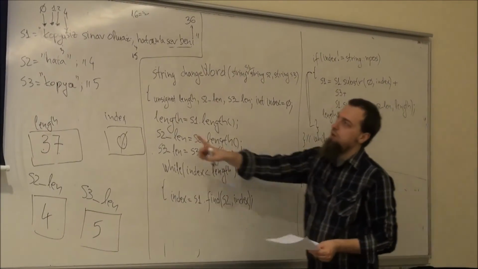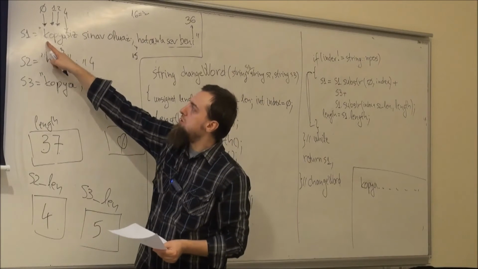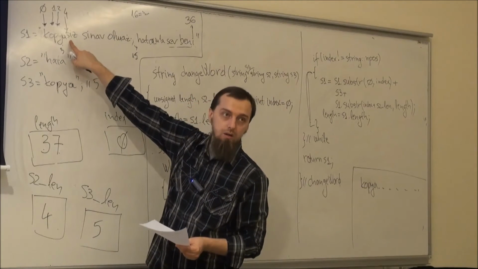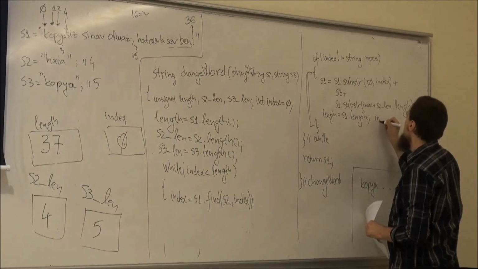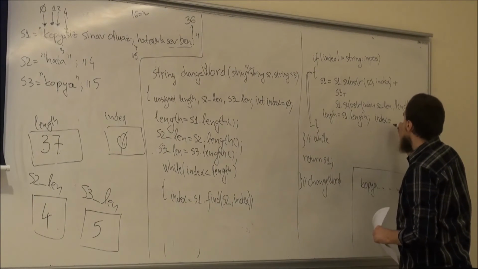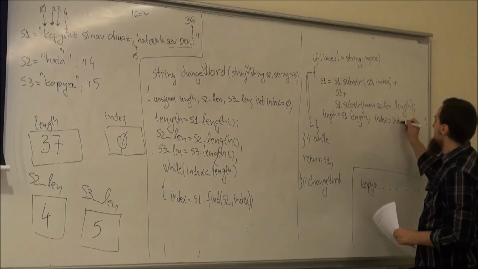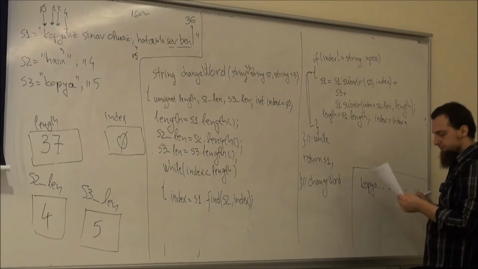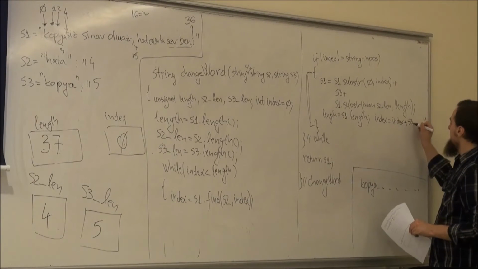And also, since we found the first index, the next index we should start looking from here, okay? From the 4th. That's why we should write this one, that index is equal to previous index plus S3 length.